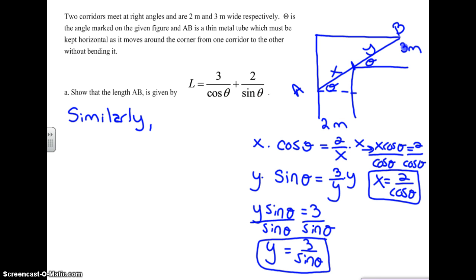So similarly, X could also be 3 over cosine, and y could also be 2 over sine, just depending on how you guys set up your picture.